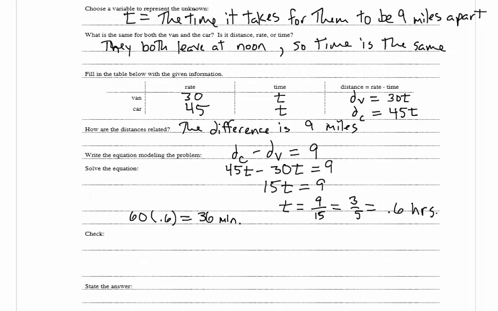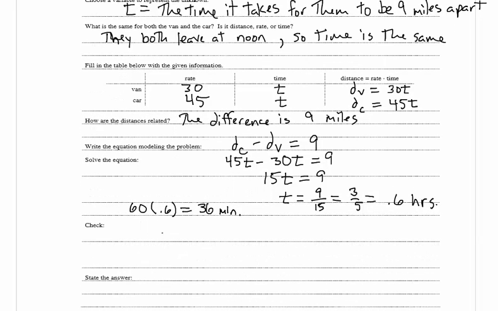So we're going to use our distance of each vehicle. The distance of the van is equal to 30 times t, which is 0.6, and this is equal to 18 miles.